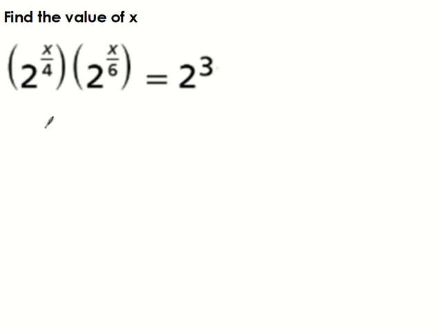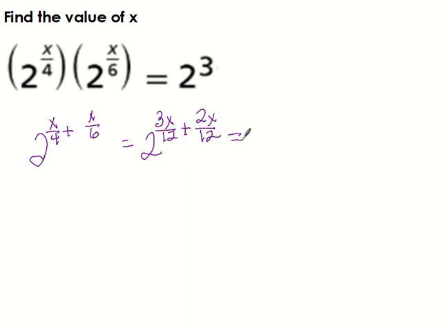All right, so 2 to the x over 4 plus 2 to the x over 6. Hopefully you change these to 12s. So 2 would be 3x over 12 plus 2x over 12. And that would get me 2 to the 5x over 12.